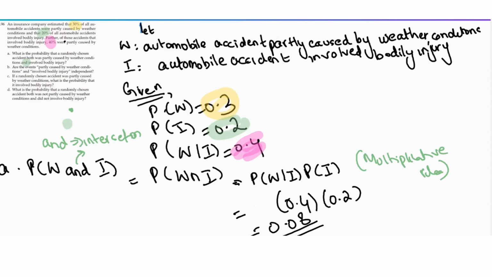The next part asks us to determine whether W and I are independent. So let's do that now. Are W and I independent?